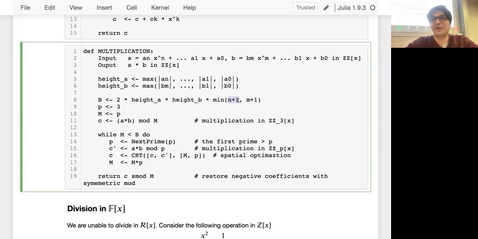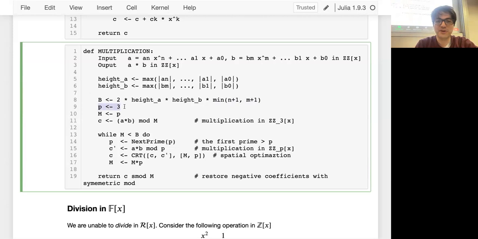I don't want to count them. But if you're degree n, you have n plus 1 non-zero terms at most. Since these are all inequalities, it's okay that I've put something bigger than necessary there, especially when it makes it easier to compute. So this is a little bit bigger than we need it to be.